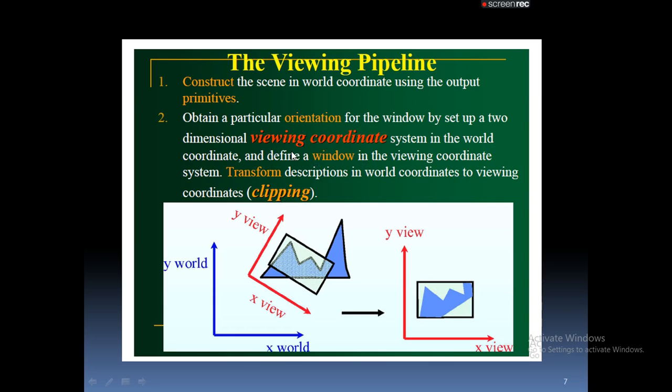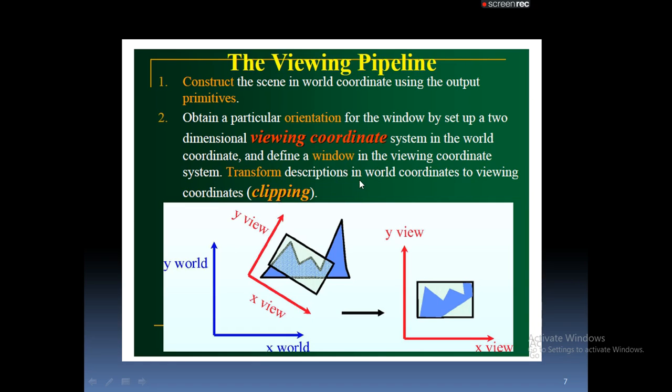Two-dimensional viewing coordinates means defining the standard position of the clipping window in the world coordinates. Whatever standard position of the clipping window you define, that is also with respect to world coordinates, and you define the window in the viewing coordinate system.